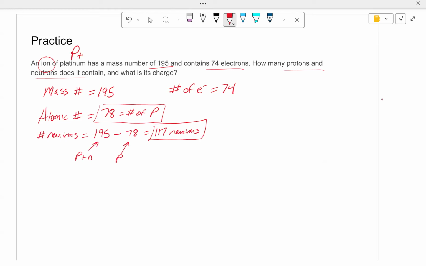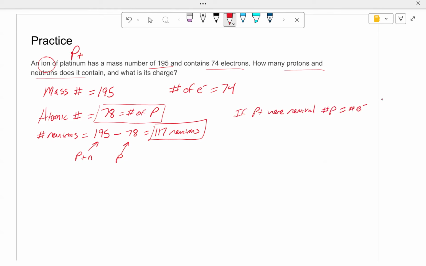Now we have to figure out its charge, because the problem does say it's an ion. So it's got to be either positively or negatively charged. This is where I'm going to compare the number of protons and electrons. If platinum were neutral, I would have an equal number of protons and electrons.